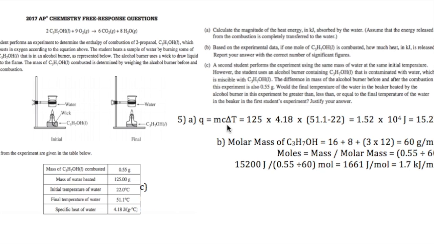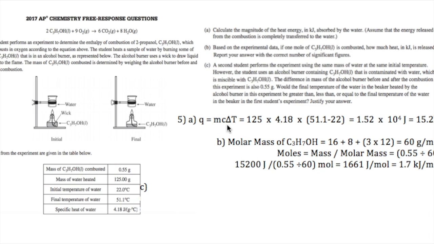The difference in mass of the alcohol burner before and after the combustion in this experiment is also 0.55 grams. Would the final temperature of the water in the beaker heated by the alcohol burner in this experiment be greater than, less than, or equal to the final temperature of the water in the beaker in the first student's experiment?